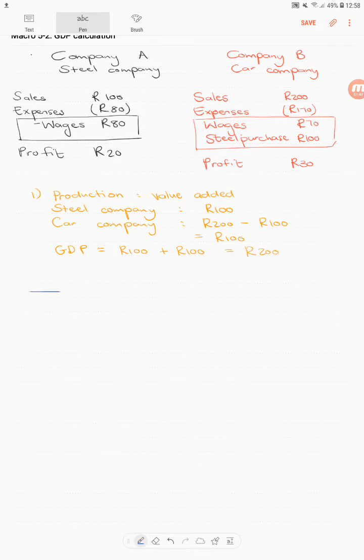The second method is the expenditure method. This is the value of final goods and services.